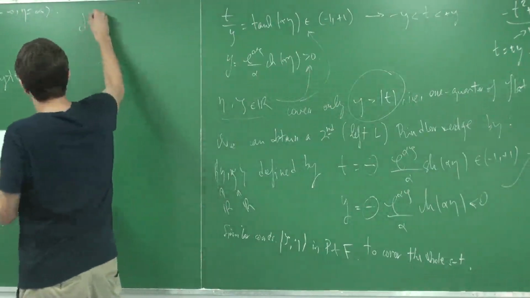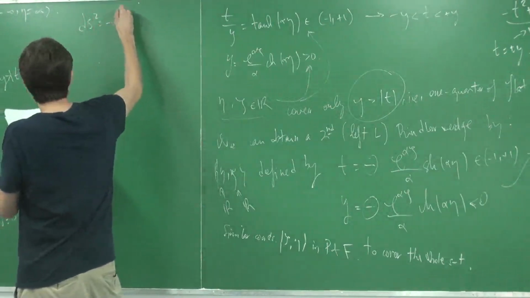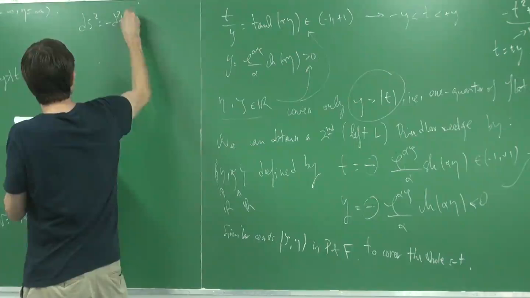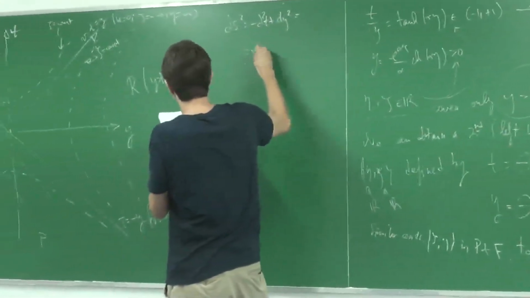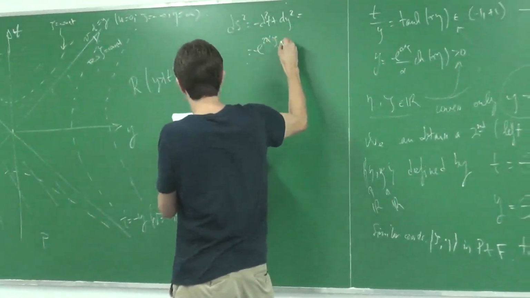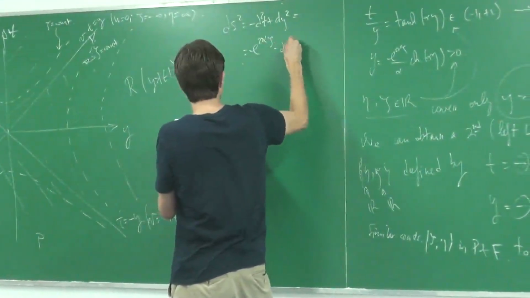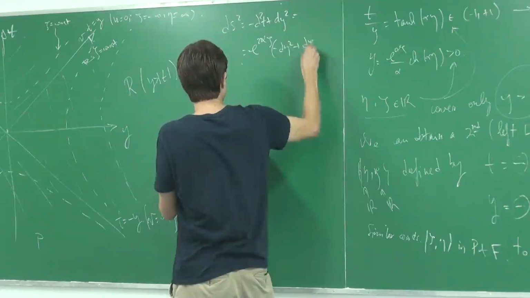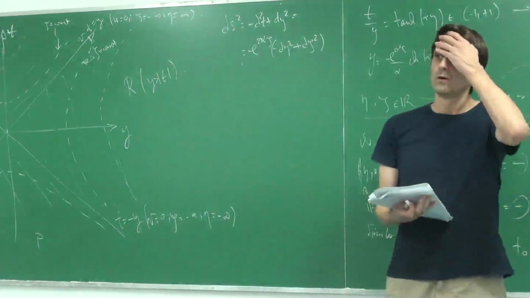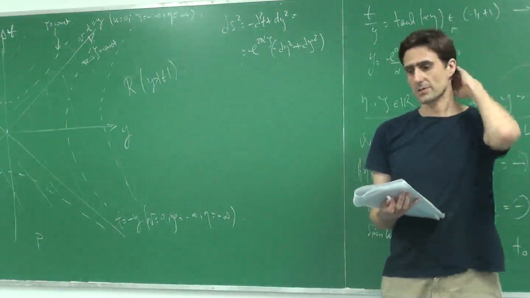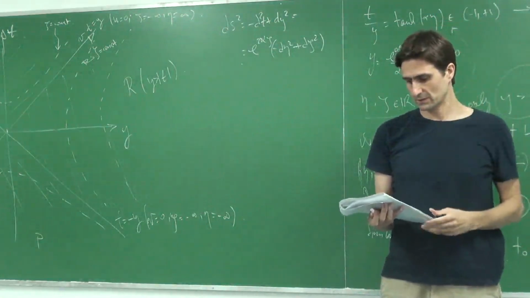Write again the metric. What are the given vectors for this metric?